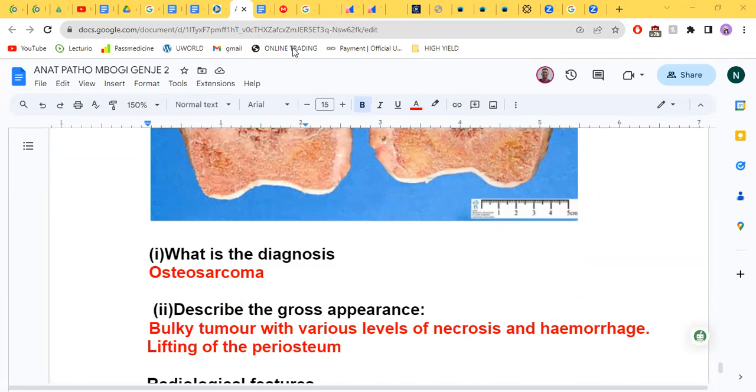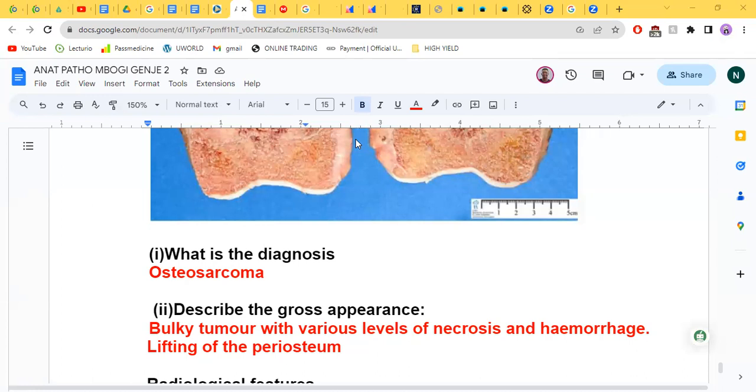Those are the gross features. Also, what are the microscopic features of osteogenic sarcoma? I've seen there are some questions on the chat. How do you differentiate it from TB of the spine, and Codman triangle? I think that was answering how you differentiate it from TB of the spine.